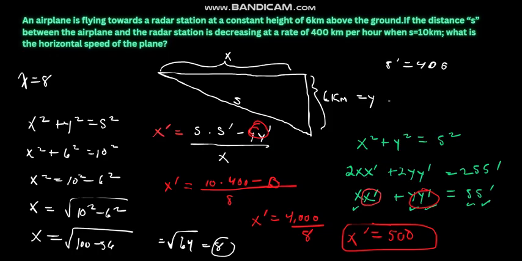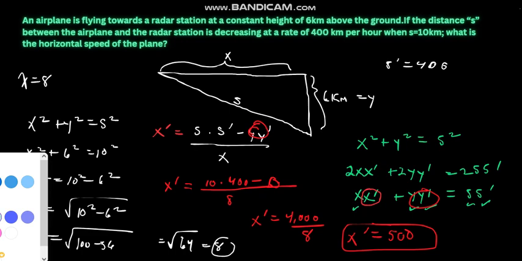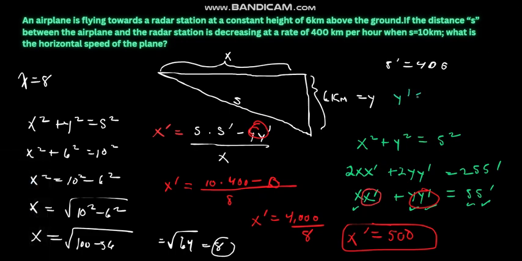We came to the conclusion that in fact y prime was equal to 0 because y is constant. Okay, that's it.